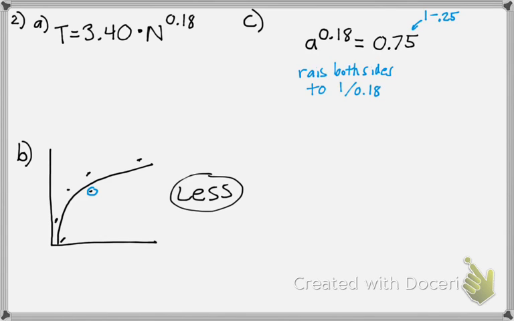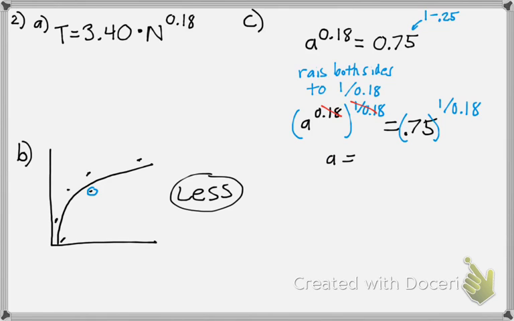This was a technique that we've used a little bit before: if you have A to the 0.18, and you raise that to 1 over 0.18, and the other side, 0.75, and raise that also, then the exponents on the left will cancel out, and you'll just be left with A. On the right, if you take what 0.75 raised to the 1 over 0.18 is, you should get 0.2023.